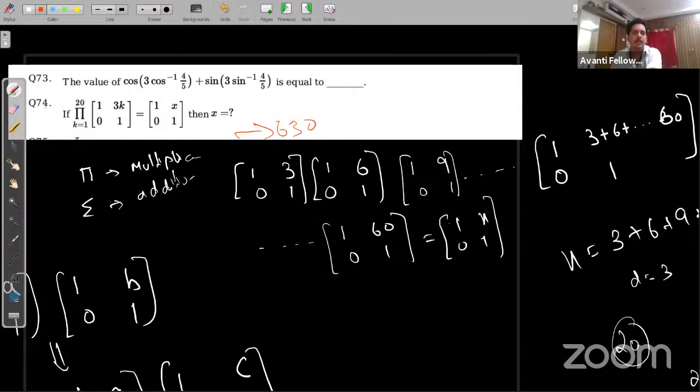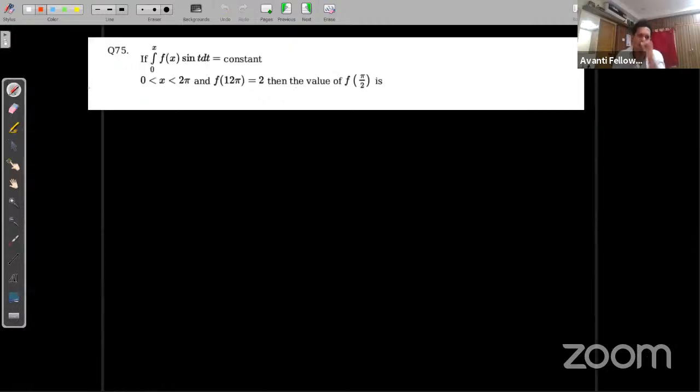So 74 is completed, and the last one is 75. Here, by looking at the question, we will think that he has given some x and t. Don't worry, it is very easy. If you keep your senses over here, f of x into sine t dt. Guys, whenever in integration, you have to remember one very important thing: with respect to what you are integrating.